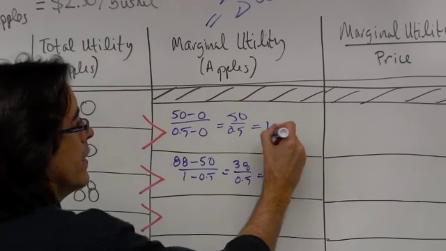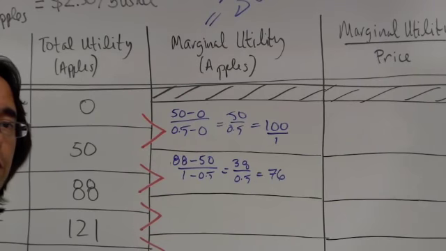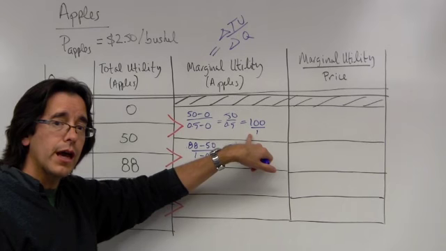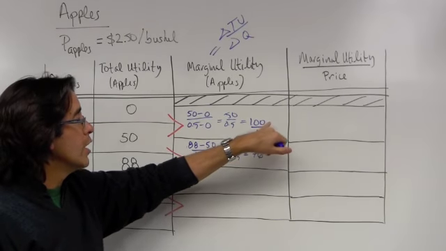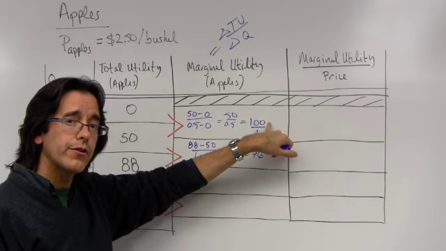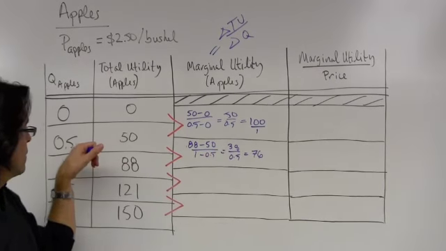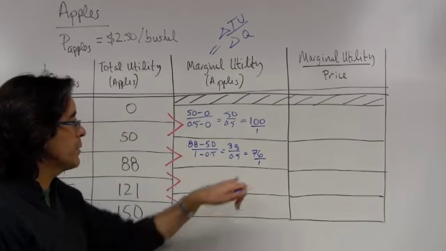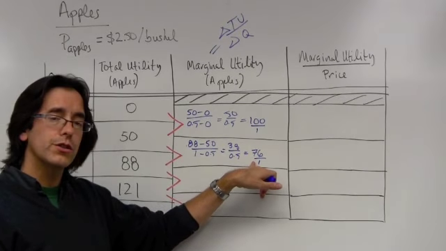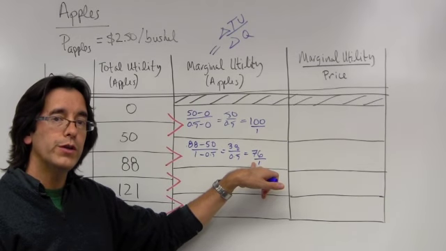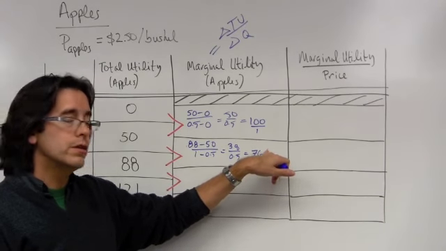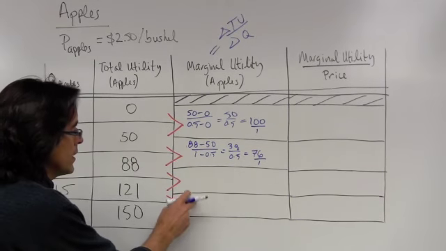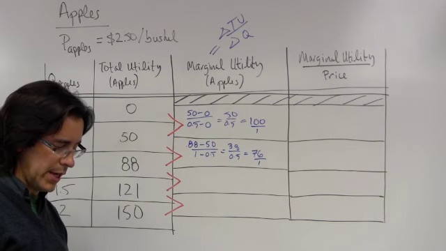If we look at that 100, it's 100 over 1. So the interpretation is that if we increase our consumption of apples by 1 bushel, our utility should increase by 100 units. When we go from 0.5 to 1 bushel, we generate a marginal utility of 76. Again, we can put that over 1. If we increase our consumption of apples by 1 bushel, our utility should increase by 76 units. And if you want, you can calculate the remaining 2 cells.